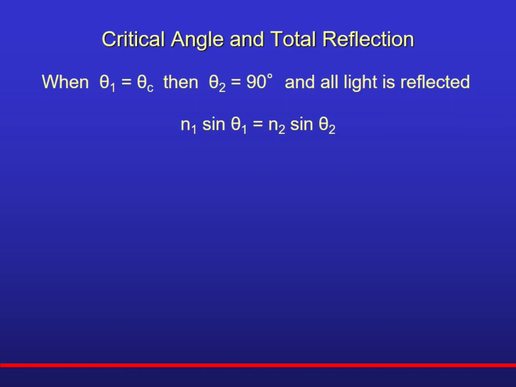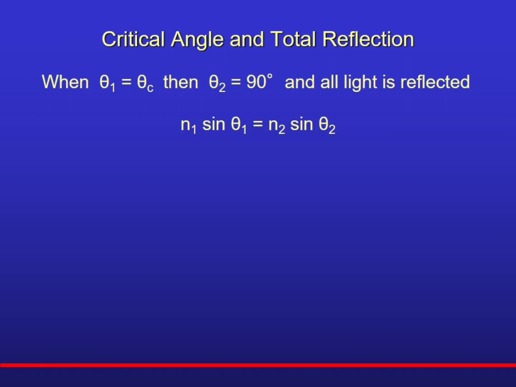At that point, the angle of refraction, theta 2, where the light should cross the boundary, equals 90 degrees. That means the light does not cross the boundary. Stuck at the boundary, therefore, no refraction, total reflection.